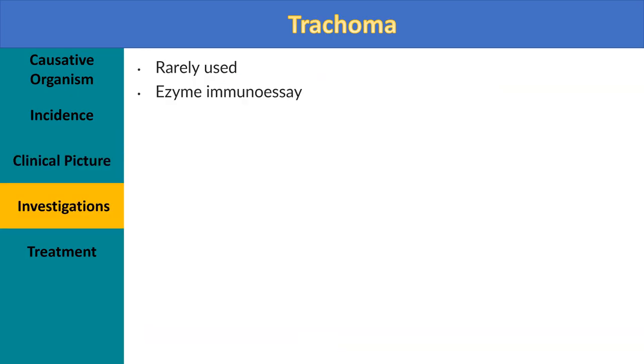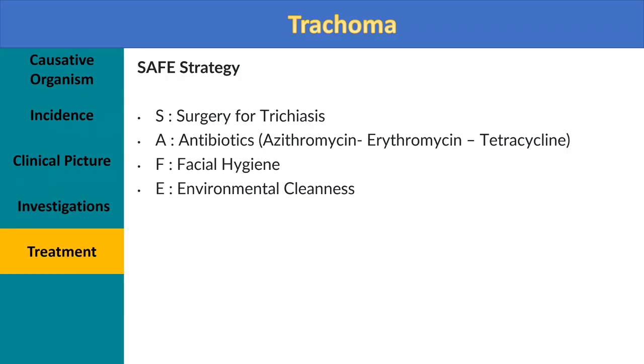Investigations, again, rarely used, but enzyme immunoassay can be used to diagnose trachoma, but again, it is a clinical diagnosis. For the treatment, the WHO adopted a specific strategy called the SAFE strategy. It's also asked in the exams. In the SAFE strategy, every letter counts for a specific strategy. So S for surgery for trichiasis.